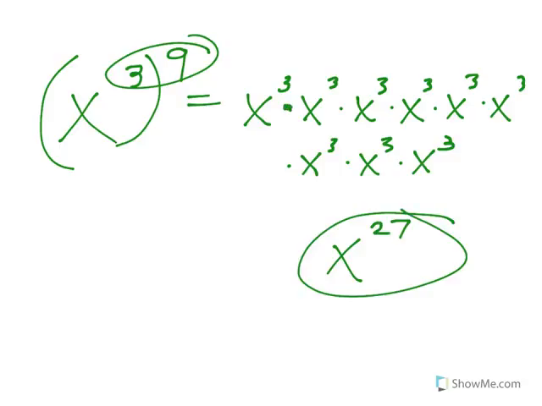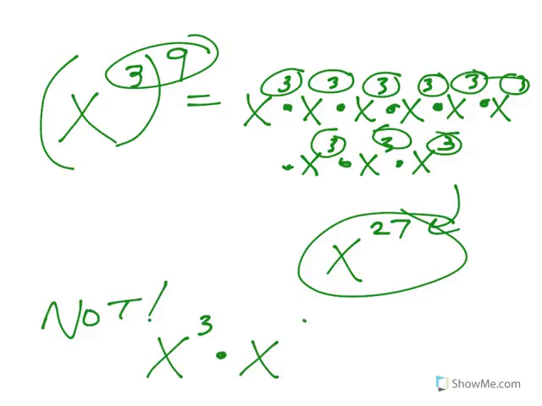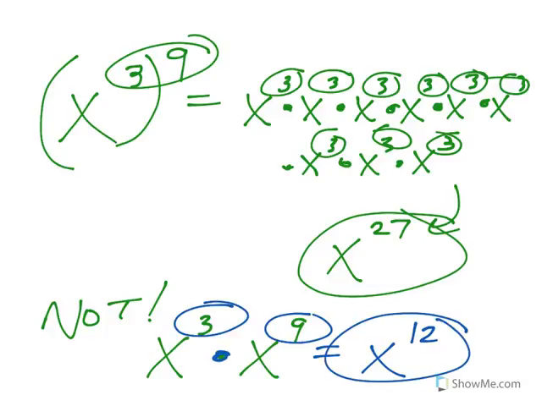Or you can go ahead and do it like we did with the product rule, and that, of course, is going to be 3 plus 3 plus 3 plus 3 plus 3 plus 3 plus 3 plus 3 plus 3, which is 27. It is not the same as this. This is different. Right? That would equal x to the 12th, 3 plus 9 being 12. This is, in parentheses, power to a power, multiply.